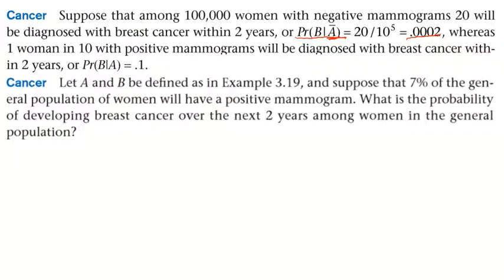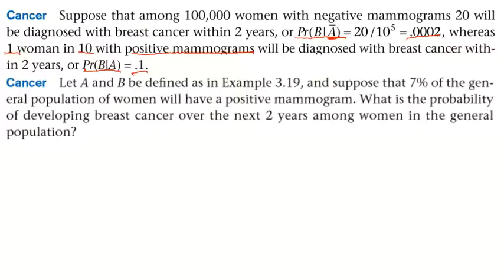And then, 1 woman in 10 with positive mammograms will be diagnosed with breast cancer within the next 2 years. Or, P(B), the probability of having a breast cancer when the mammogram is positive, is 0.1. Okay? So, let's say that that's the background.